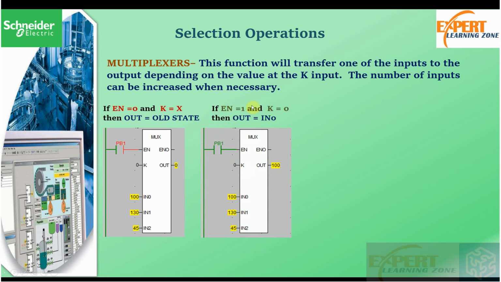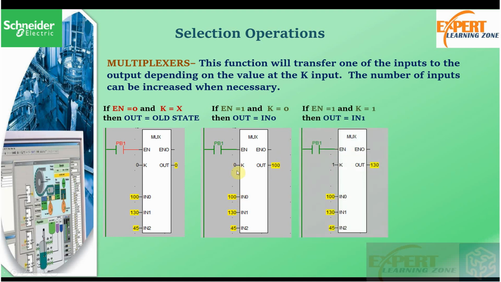Now when the block is enabled and k is 0, the first input is transferred to the output. So you can see that input 0 has been moved to the output. When k is 1, the second input will move to the output, so now you can see that the second input, 130, has been moved to the output.